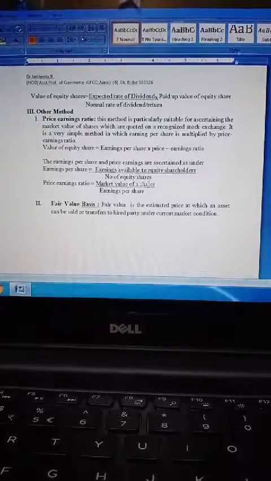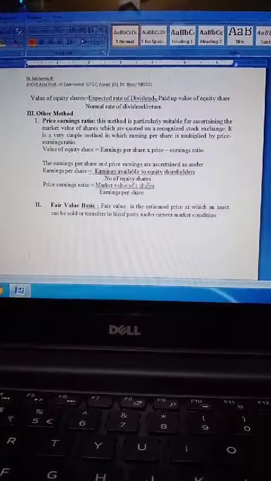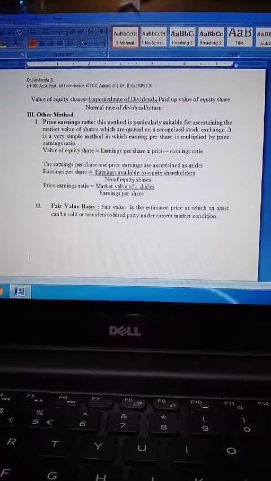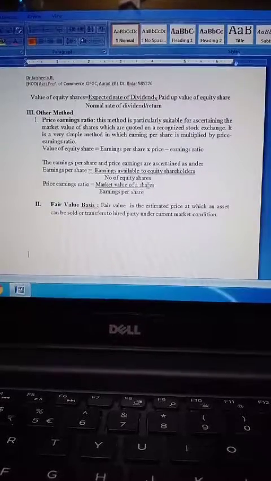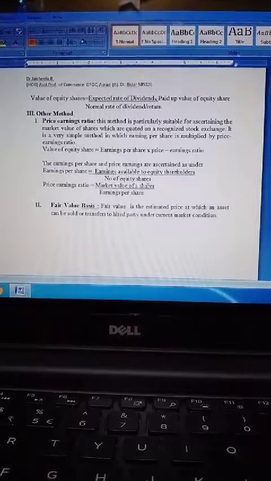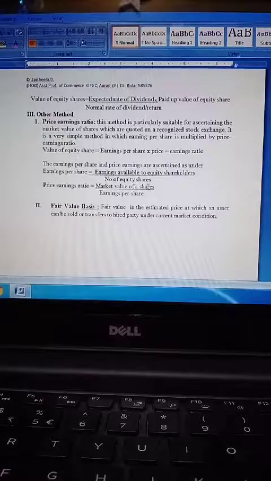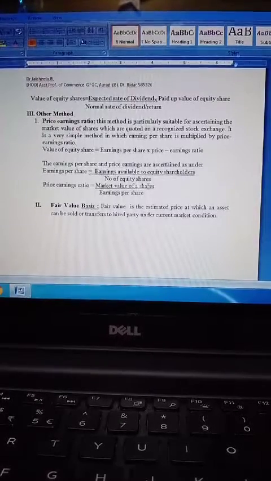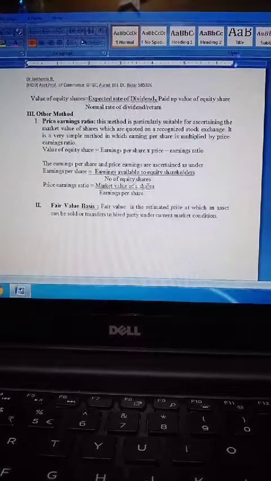In the other methods, the first one is the price earning method. This method is particularly suitable for ascertaining the market value of shares which are quoted on a recognized stock exchange. It is a very simple method.